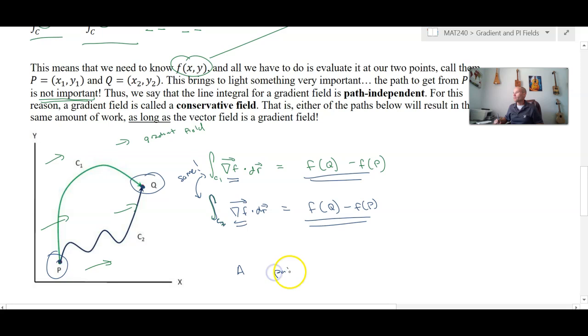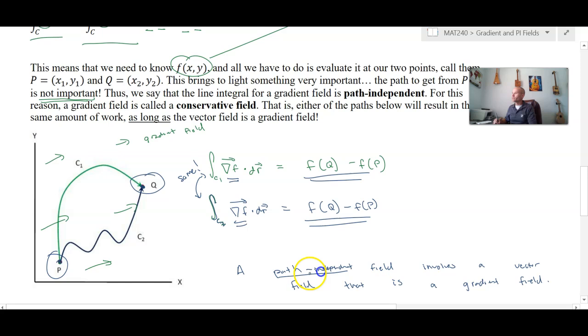A path-independent field involves, I should say, a vector field that is a gradient field.